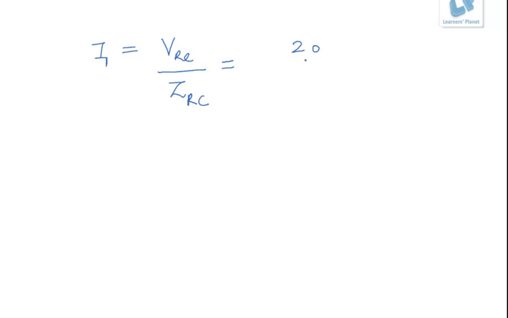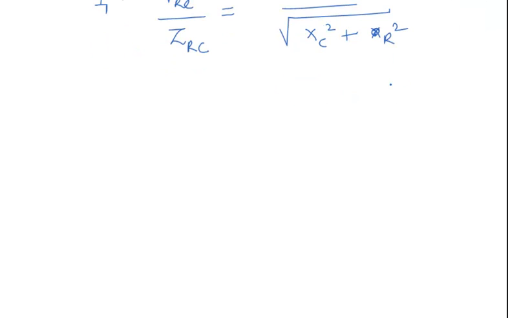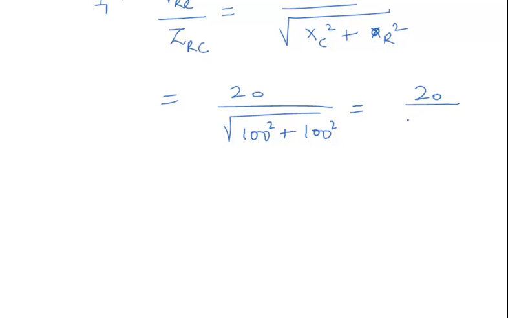Now voltage applied is 20 and impedance will be given by under root of XC square plus R square. This is 20 divided by under root of 100 square plus 100 square, which is 20 upon 100 root 2, which is equal to 1 upon 5 root 2.